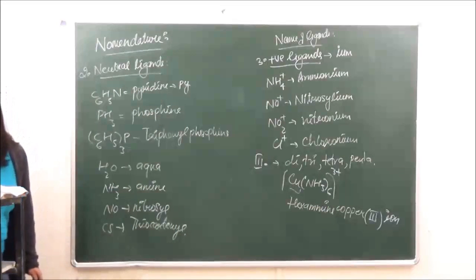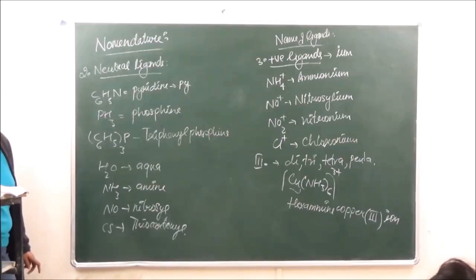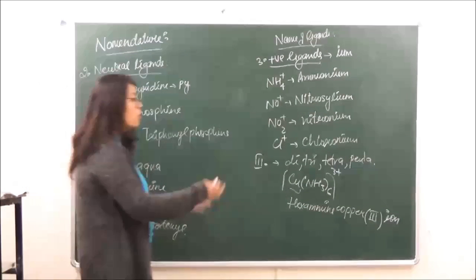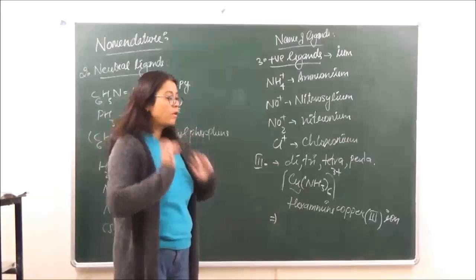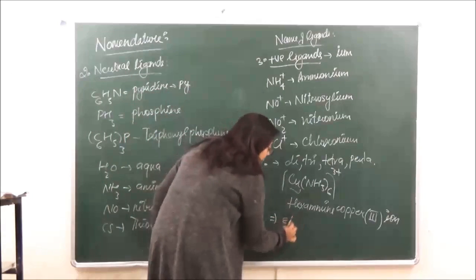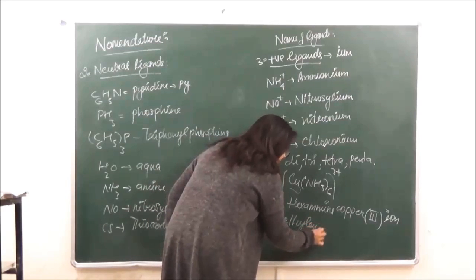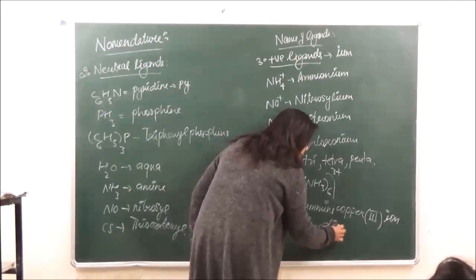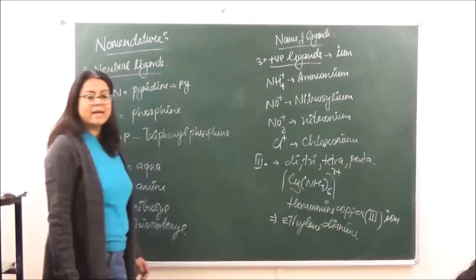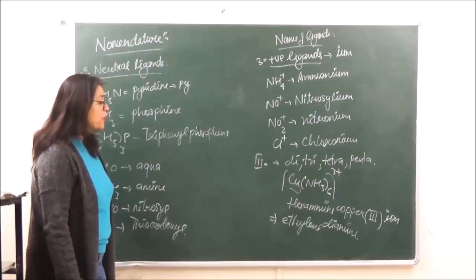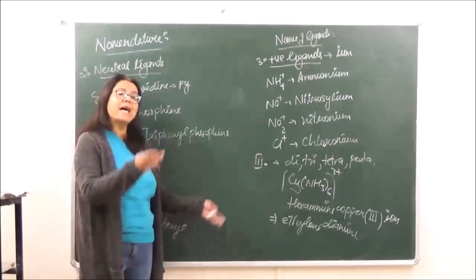But in case the name of the ligand already has di, tri and so on, for example we have ethylenediamine, and there are 2 molecules of ethylenediamine present, in that case you cannot write it as diethylenediamine.